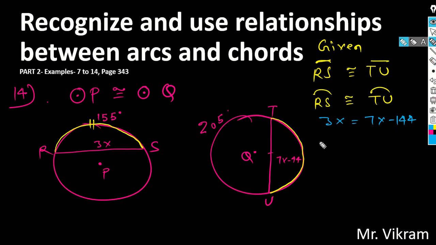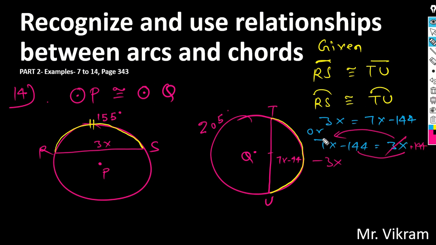Or you can just write 7x minus 144 is equal to 3x. Same thing, because I'm just writing LHS equal to RHS. So now I'll bring this side, this is positive 3x, so it will become negative 3x. And I'll take it to the other side. This negative 144 will give you positive 144, right?